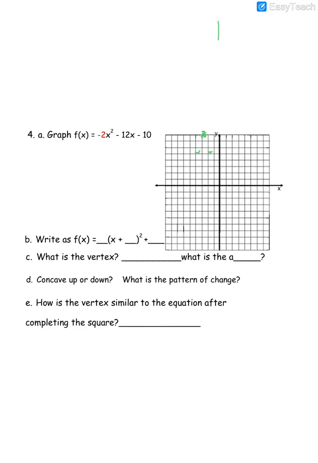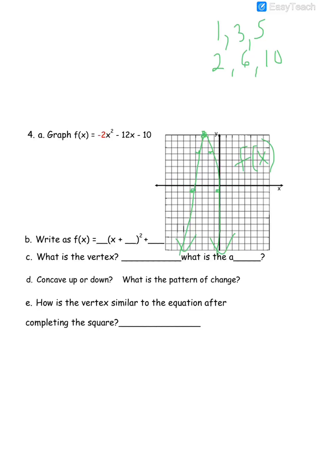So if it's 1, 3, 5, it's 2, 6, 10. I have to double this. So let's say 6, 1, 2, 3, 4, 5, 6. And again, your parabola is going to look a lot better than mine. And I'm just going to call this f of x.